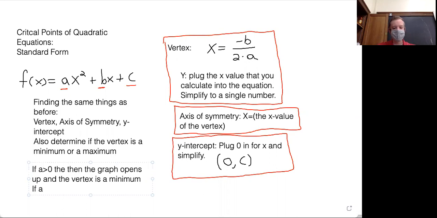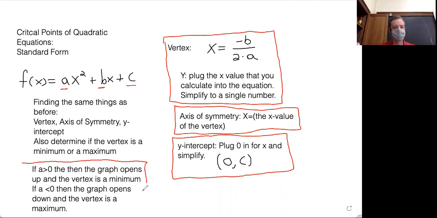If A is less than 0, then the graph opens down and the vertex is a maximum. Exactly the same as we had seen last week in vertex form.